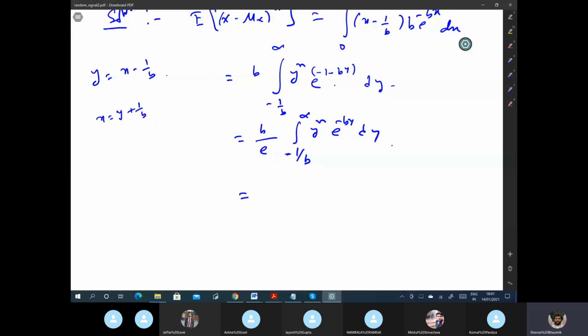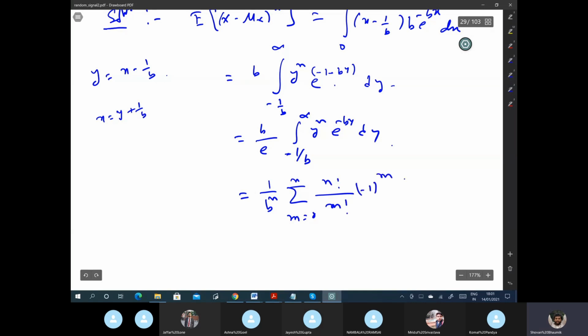So this we could write as 1 by b to the power n, summation m equals 0 to n of n factorial by m factorial, minus 1 to the power m.